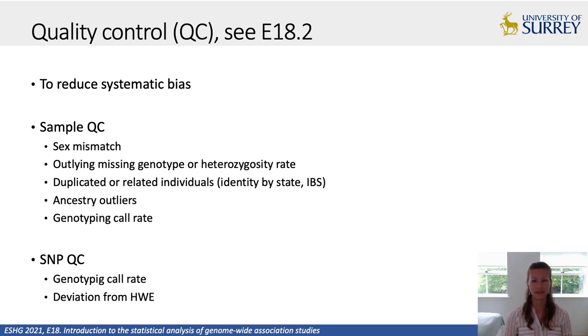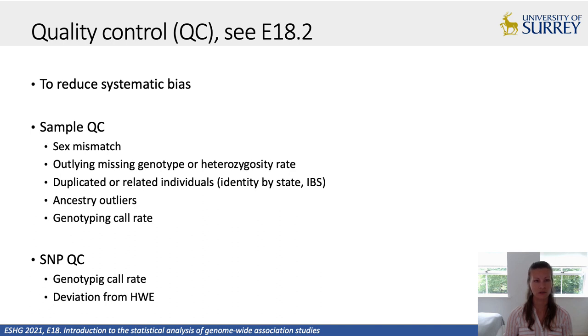Quality control is an essential part of genome-wide association studies. It is often the most time-consuming part, but it is also the most important, so that we can avoid systematic bias in the results. It is done on 2 different levels, on sample and SNP level, and in samples we are checking that there are no sex mismatches, outlying missing genotype or heterozygosity rates.